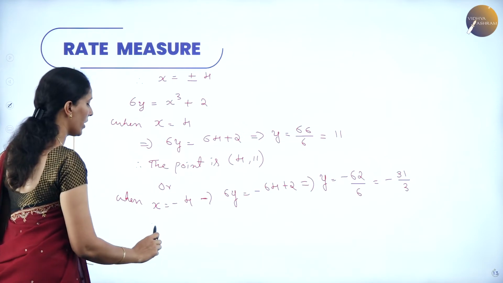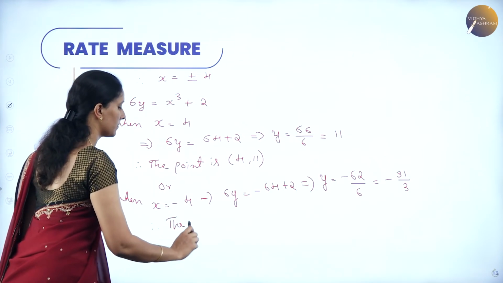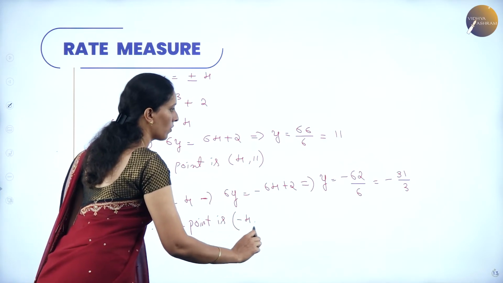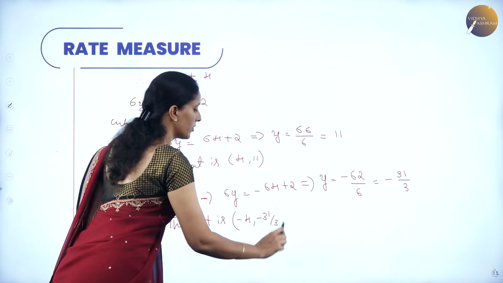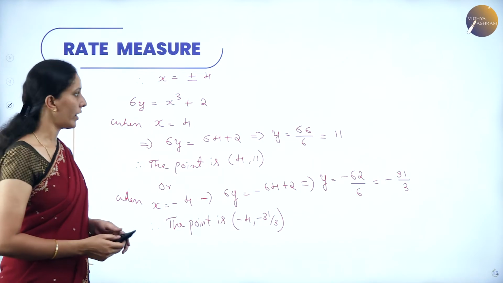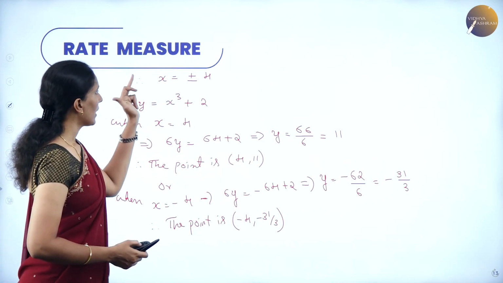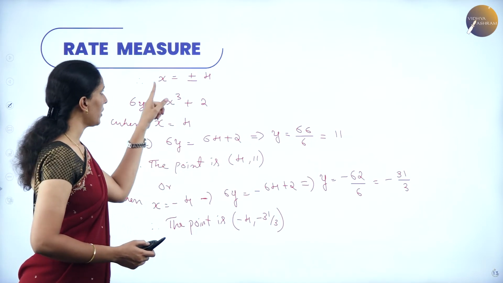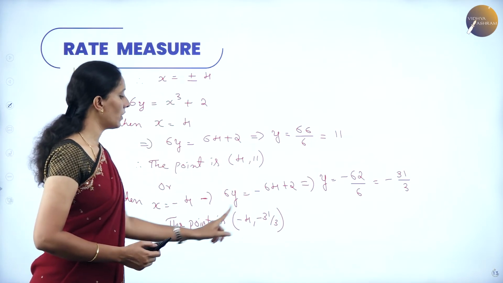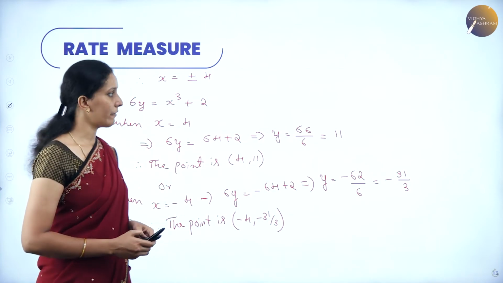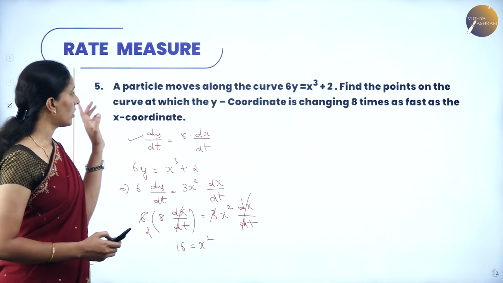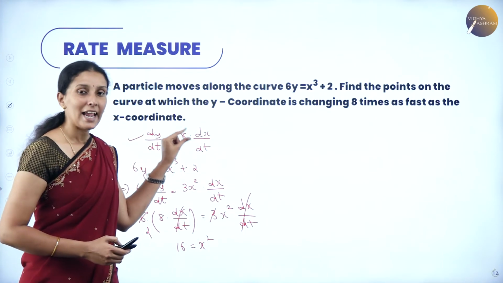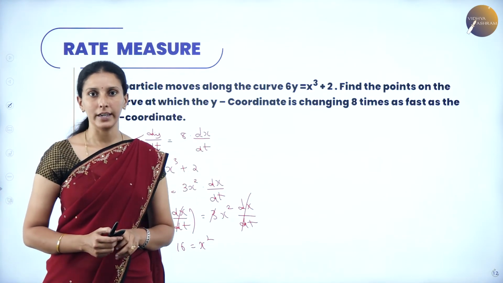So therefore the point here is minus 4, minus 31 by 3. So these are the 2 points. Considering x is equal to plus 4, you will get y is equal to 11. When you consider x is equal to minus 4, you will get y as minus 31 by 3. So these are the points at which the y coordinate is 8 times the x coordinate.